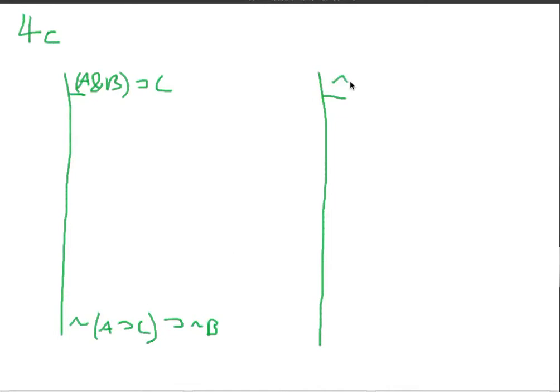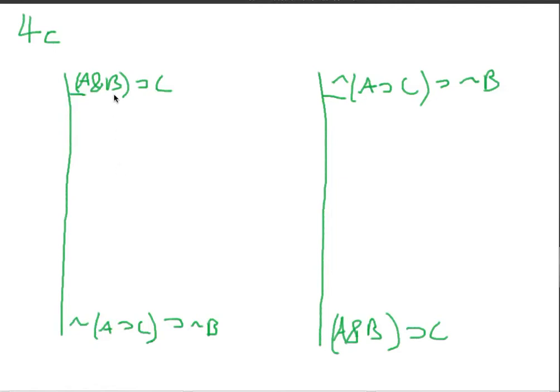And then in our second derivation, we're going to do exactly the opposite. So we're going to assume this sentence here, and our goal in this case is going to derive A and B, then C.